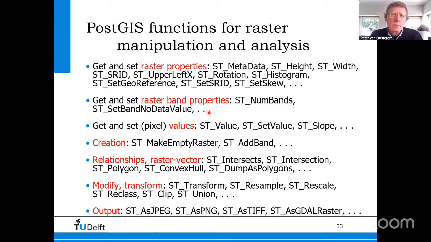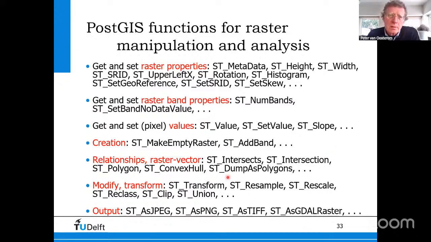There are also functions for raster band properties. You can change the pixel values, and not only the metadata, but also the values themselves. You can compute, for example, if the cell values mean height or terrain elevation, you can also ask for slopes. Query the slope, what is the angle. You can manipulate, make empty rasters with one band or add a new band.